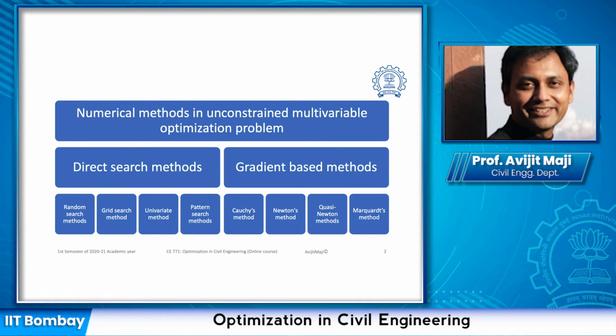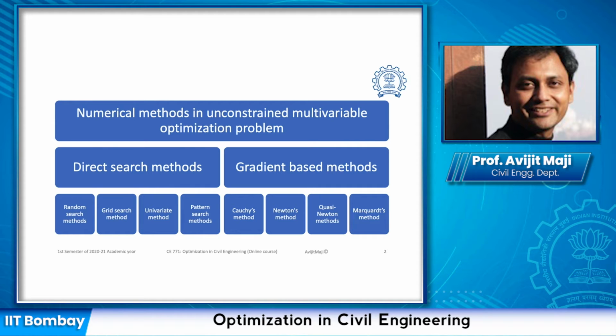If you recall, the numerical methods employed in unconstrained multivariable optimization problems can be divided broadly into two categories. One is direct search methods and the second one is gradient based methods. We have already discussed the various direct search methods. Today we are going to discuss the gradient based methods.